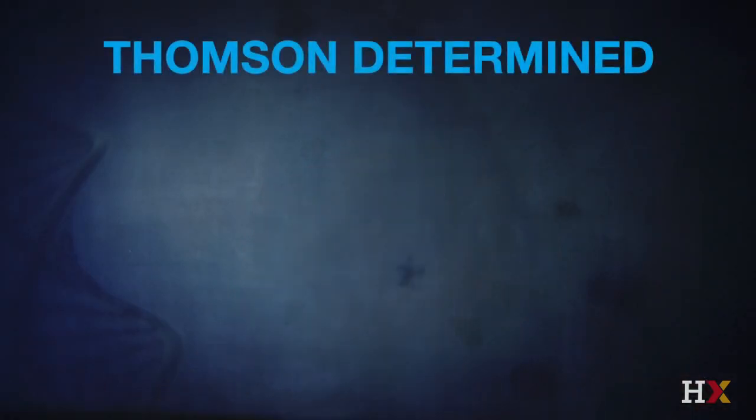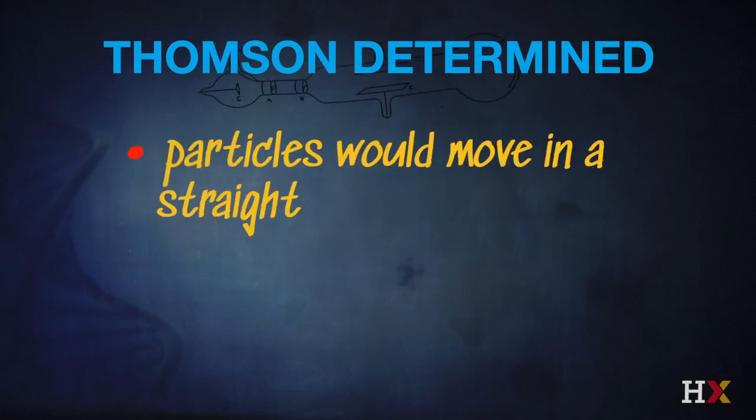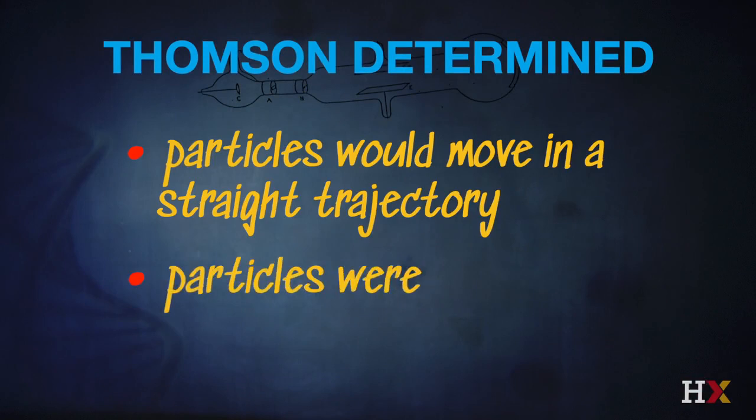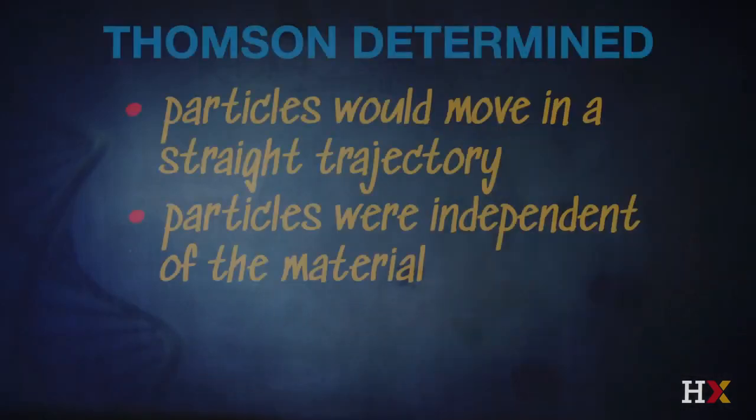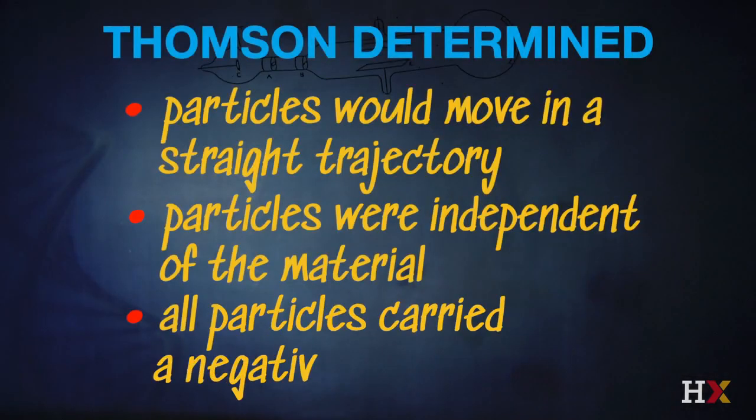So Thomson determined with the cathode rays that particles would move in a straight trajectory, that importantly these particles were independent of the material. That is, he could put argon or krypton or neon into this high voltage breakdown, and the particles behaved exactly the same way, and they carried, all of them, a negative charge.